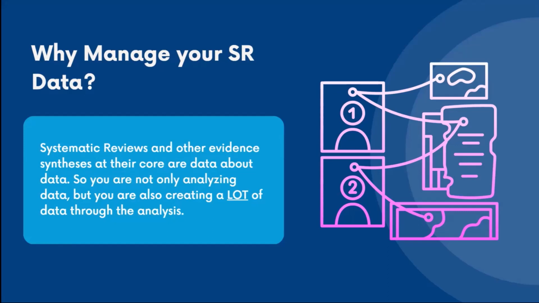So you're not only pulling data from other research projects and analyzing that. In the process of doing that, you're also creating a lot of your own data. And for the systematic review process to be truly well done, you need to make sure that you are managing the data that you are creating.